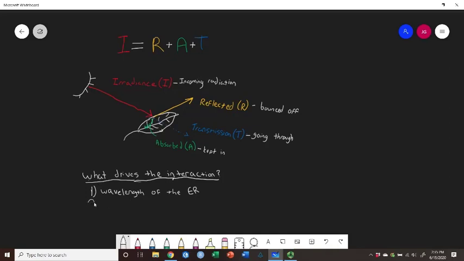The second thing that drives the interaction is the properties of the matter, the properties of the object. These properties could be things like size, shape, and chemical composition.